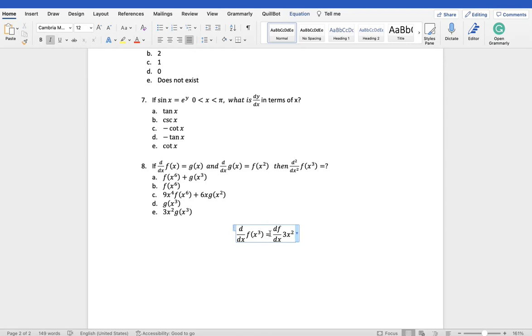But now we've already established the derivative of f of x as a function of x cubed. So now let's say that we're trying to find the second derivative of this, because that is what they're asking us to find.